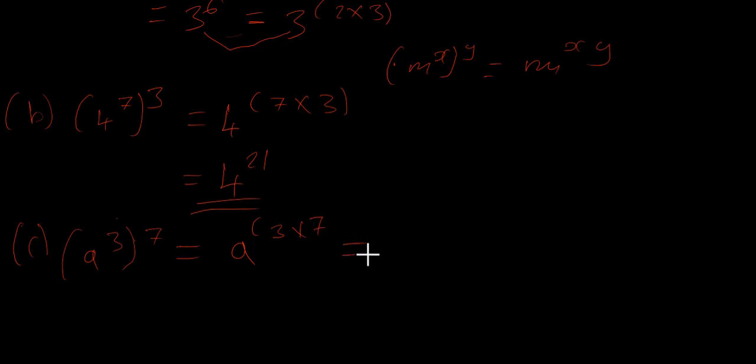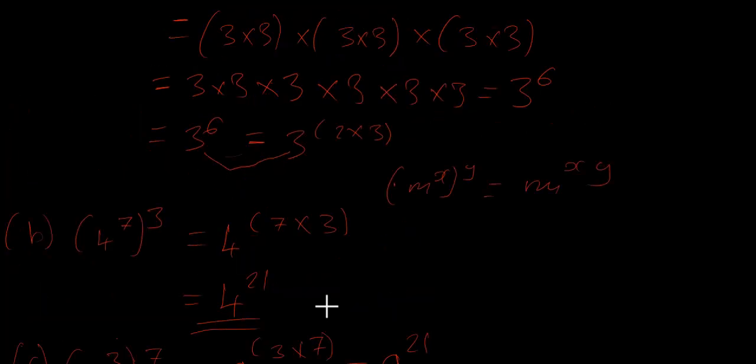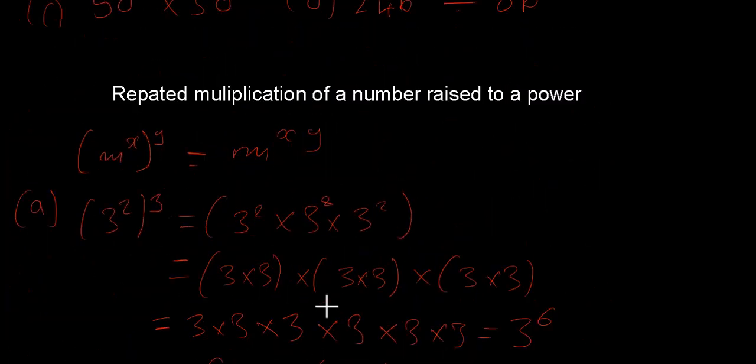So this is going to be a to the power 3 times 7, which is just 21. So this is our answer. So this is how we can calculate or solve questions on repeated multiplication of numbers raised to a power.